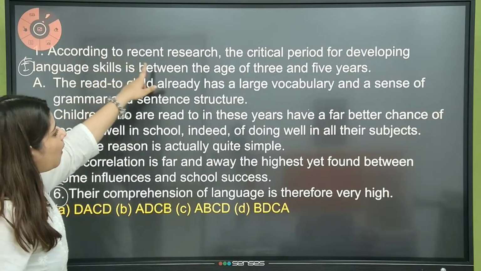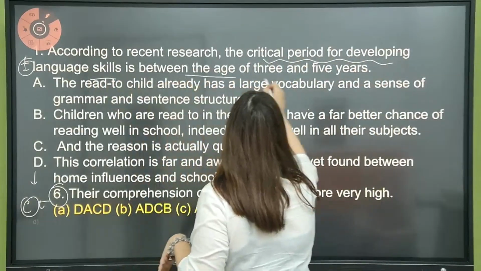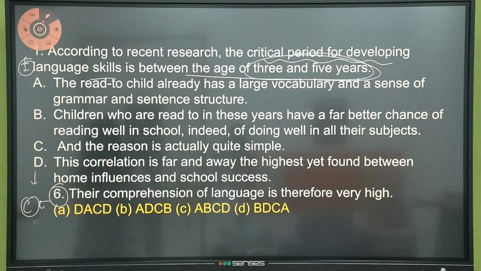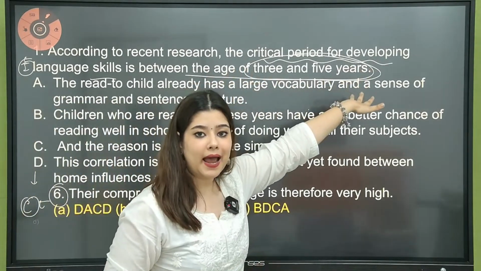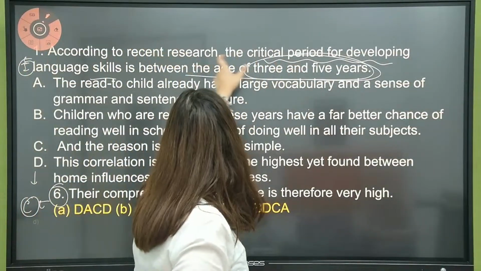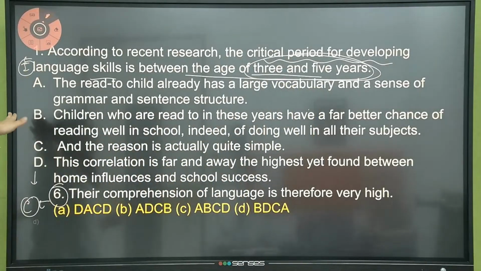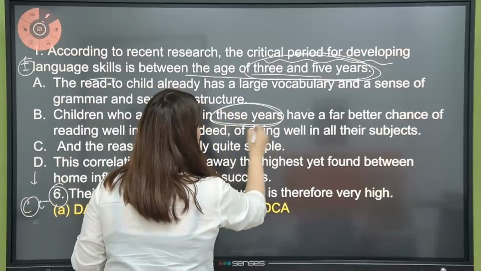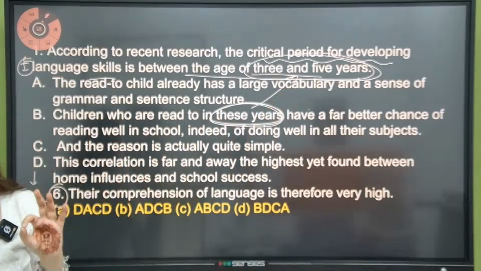Now, one talks about the critical period of developing language skills being between the age of 3 and 5 years. It gives us a bracket. It talks about an age bracket. What age bracket is it talking about? It talks about the fact that the critical period for developing language skills is between 3 and 5 years. And if you look at statement B, children who are read to in these years is correlating to 3 and 5 years here.